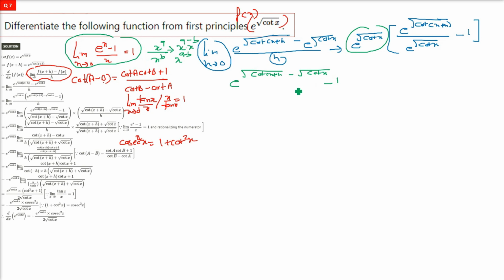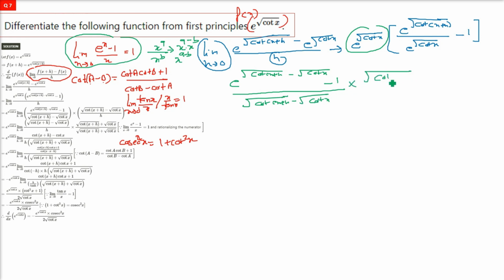But see, e under root cot x is also there. So we need this term, under root cot x plus h minus under root cot x. So this term we require. Okay.